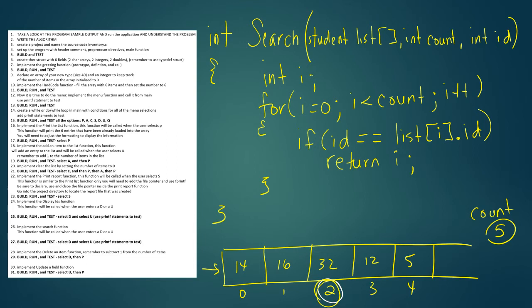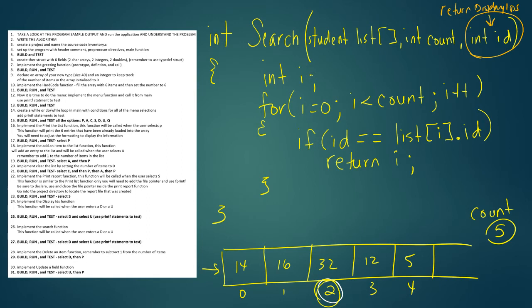So first you need to implement the display IDs function. You get the ID from the display IDs function. You pass that ID here. This came from the return of the display IDs. You pass it in here.